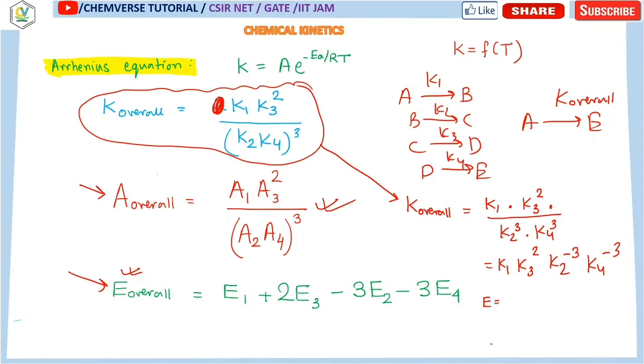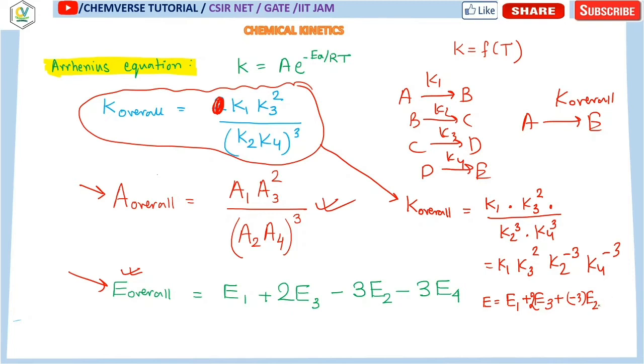Now once you write it in this form, the expression for the overall activation energy will be something like this. Instead of K1, write down E1, then there is a multiplication sign, so there will be a positive sign. K3, instead of K3, write down E3. Okay, what is the power of this? 2, so write down 2 over here, so it will be 2E3. Then that is multiplication, so that is plus. Now the power of K2 is minus 3, so write down minus 3, then E2.